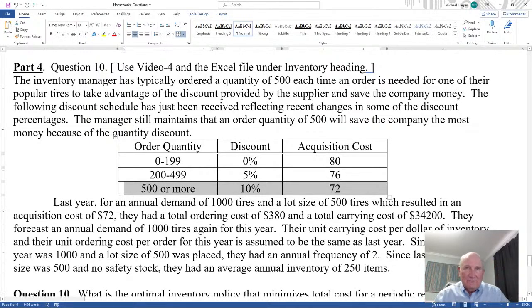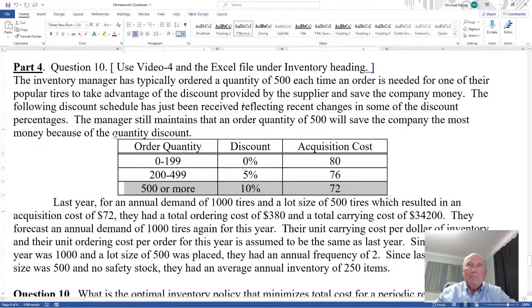That's even better. Well, the manager says, I want to save this company money, so I'm going to order 500 tires every time I need to order something, because I get the maximum discount. Well, that's a good idea, and it will save $8 per tire.